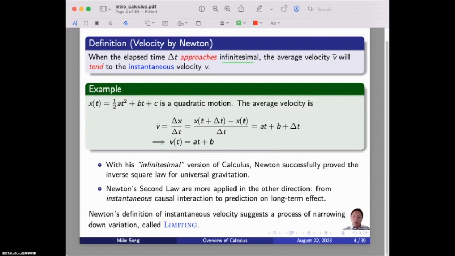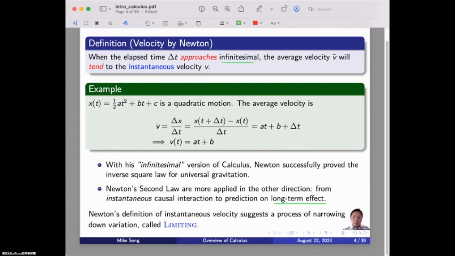But in engineering and other subjects after Newton, the second law is applied in the other direction, which is from instantaneous causal interactions to prediction of long-term effects, done by integration of differential equations.